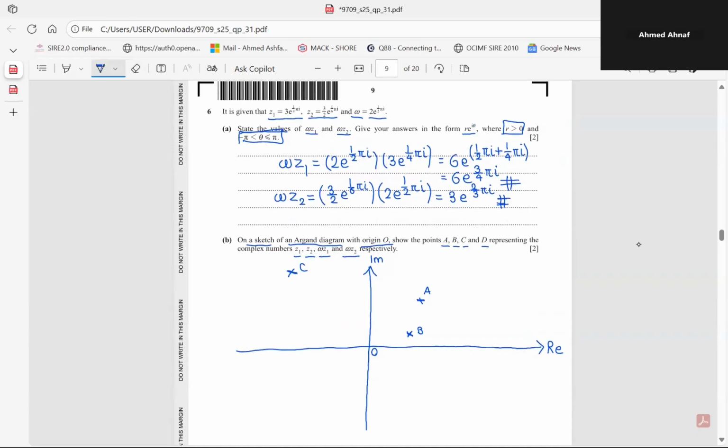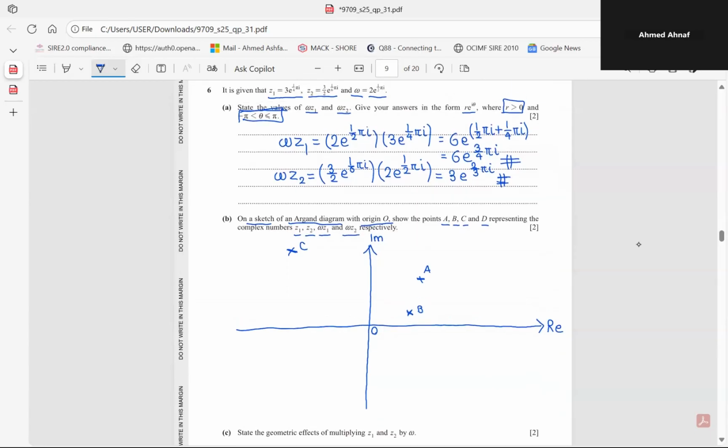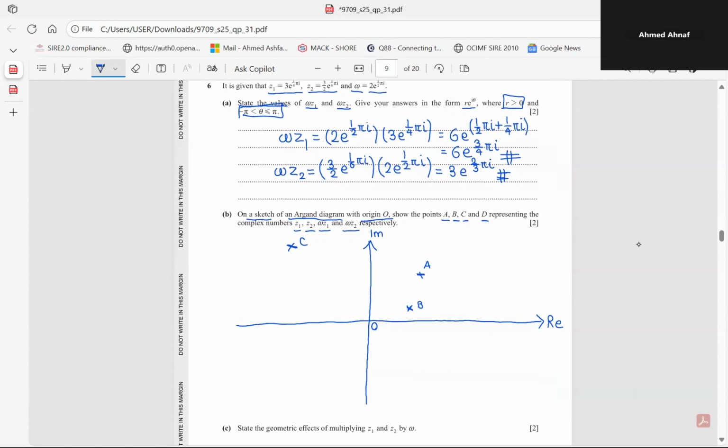Okay, and now let's sketch point D, which is omega times z2. So the modulus of that is 3. So it's the same distance as z1, which is point A. And the argument is 2/3 pi, which is 120 degrees.